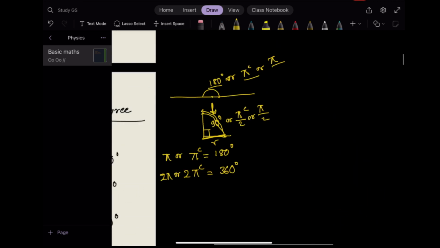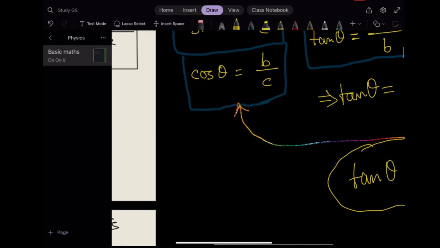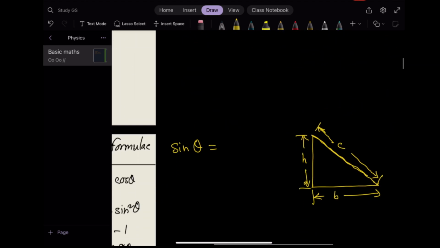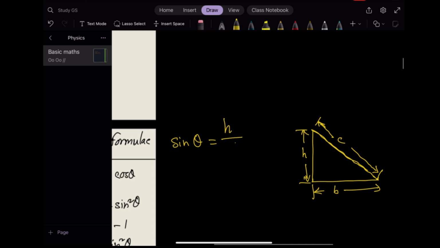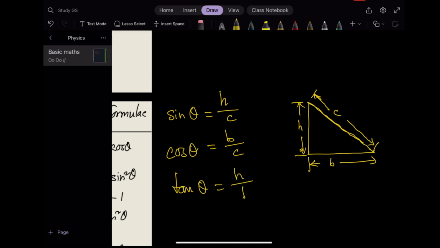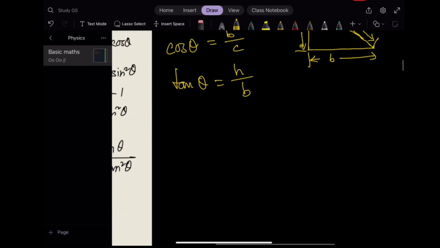So sin theta was h by c, cos theta was b by c, tan theta was h by b.